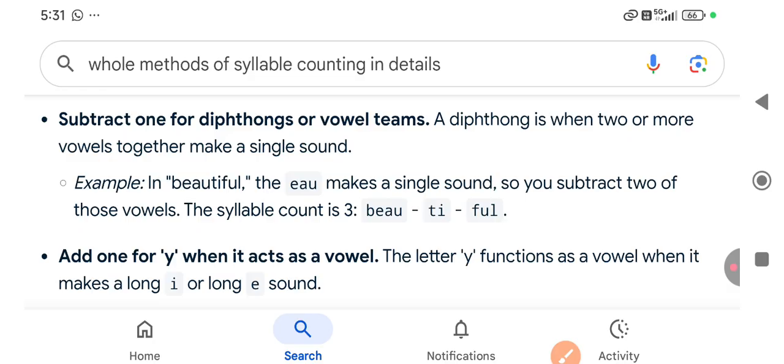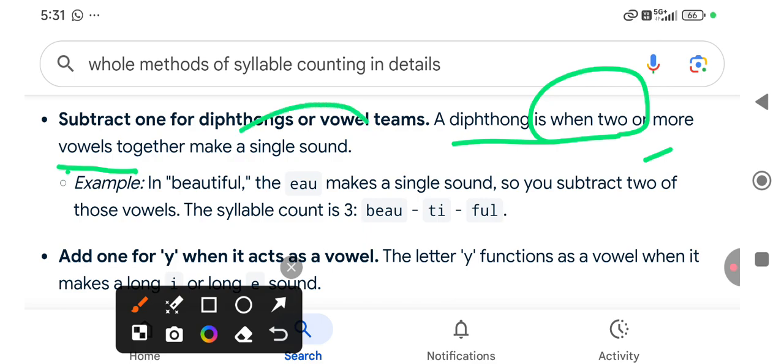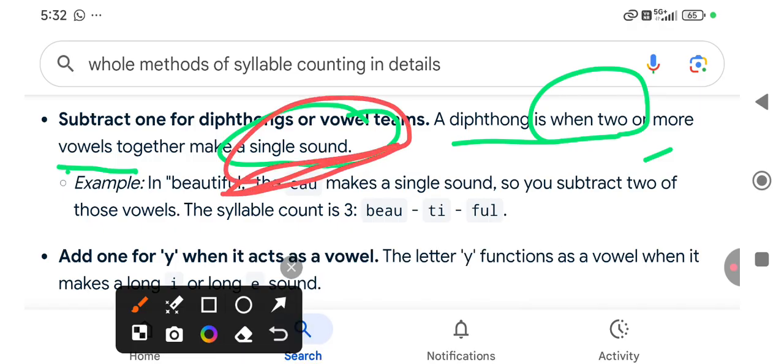A diphthong is when two or more vowels together make a single sound. The important thing is that it makes a single sound.